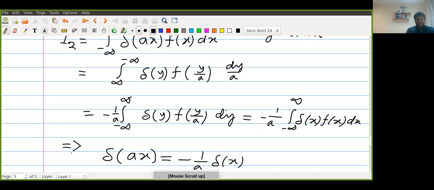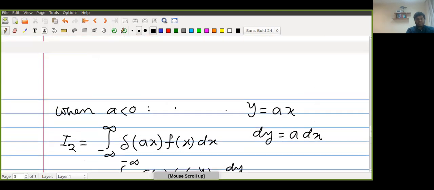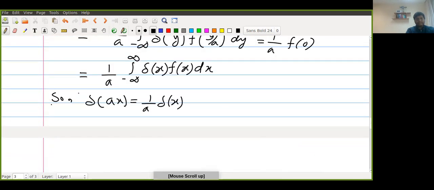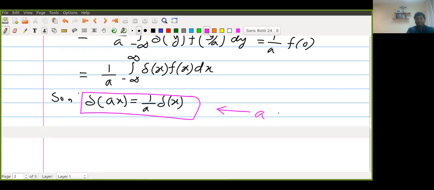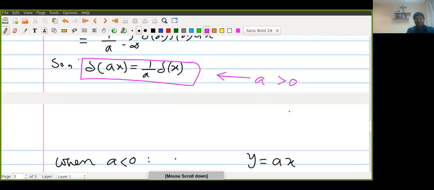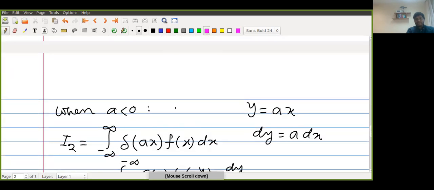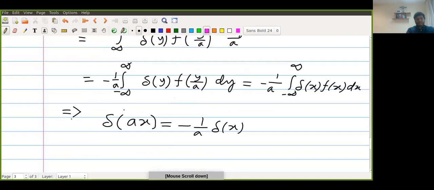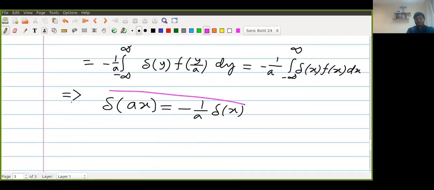And if you see earlier, I got one more result here. Let me mark this with pink color. When a is positive, I got this relation. Now, when a is negative, I got this result.